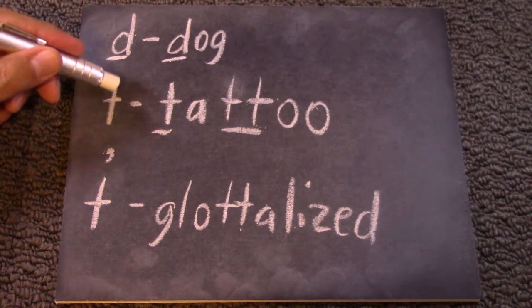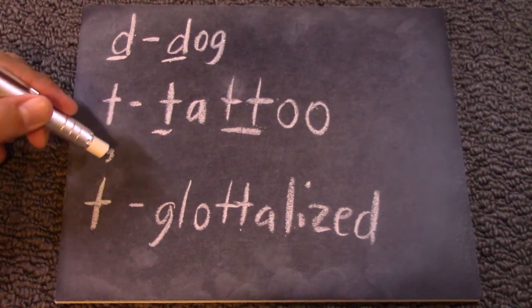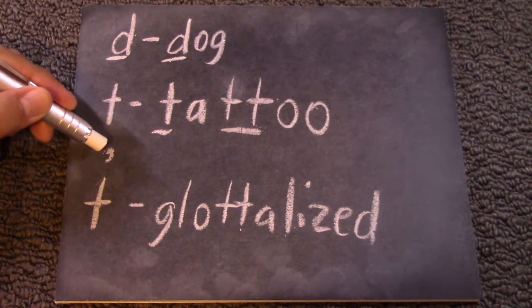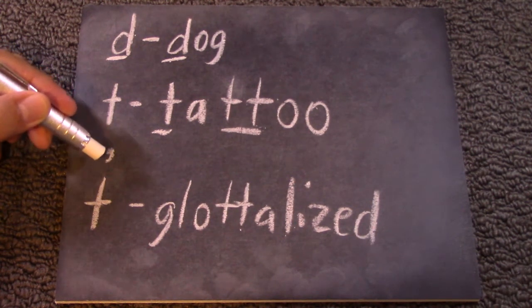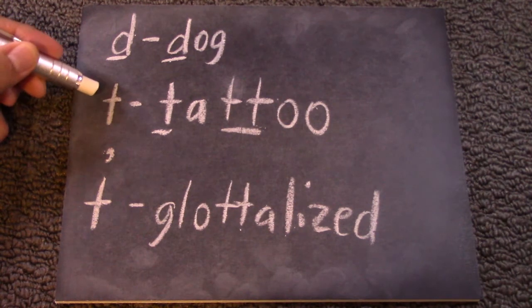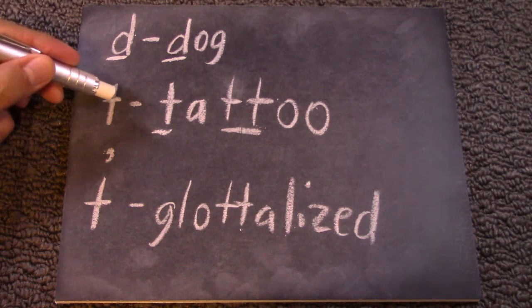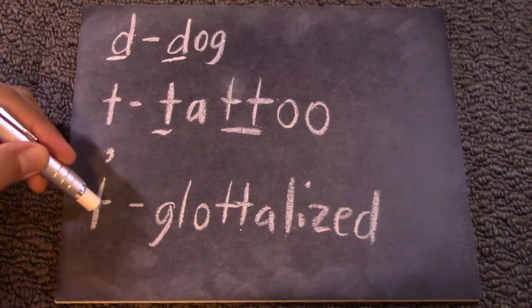So it's like the regular T, but we're putting more force behind the pronunciation of the letter. So if a regular T just sounds like T, a glottalized T sounds like T.